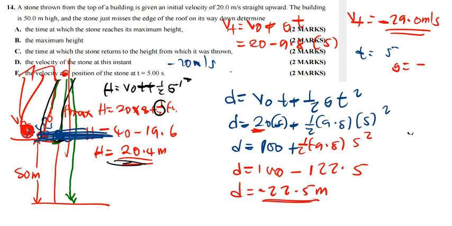Just telling us that it was going down, therefore the displacement, the position, is 22.5 meters below. That's the basic idea behind free fall motion, unless you have got questions, but I can say for free fall motion I'm done.